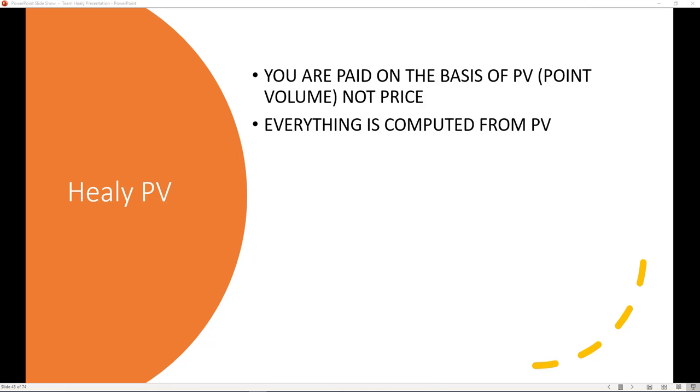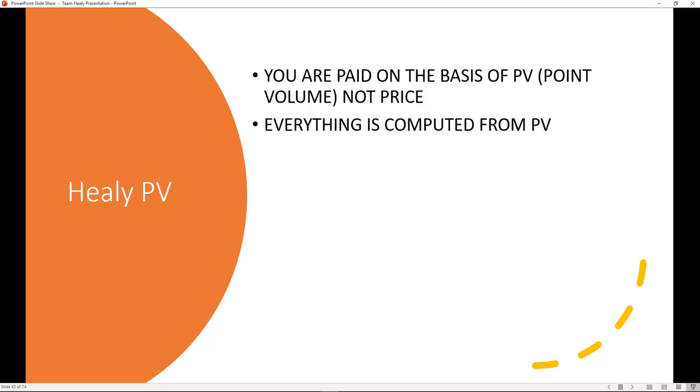There's actually a very good reason for that, and when you think about it, Healy is being sold in countries throughout the world. Each one has a different currency, each one has a different price, and trying to keep that all managed and pay in, say, dollars or euros or whatever is really pretty confusing. So it's much easier to assign a currency-neutral point volume to every single item and use that as the basis on which to compute how much you earn.